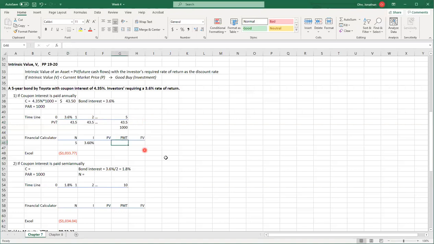And then future value is $1,000. So you identify these four components and you solve for the present value. Using the financial calculator, 5 for N, 3.6 for I, 43.5 for PMT, $1,000 for future value, and then compute the present value. That's how you calculate. All right.